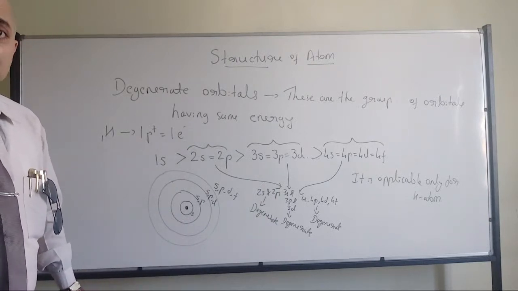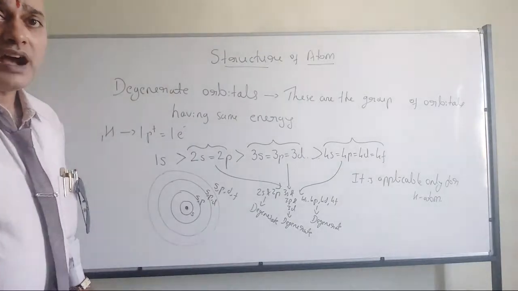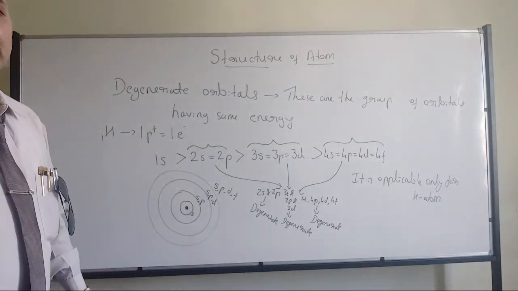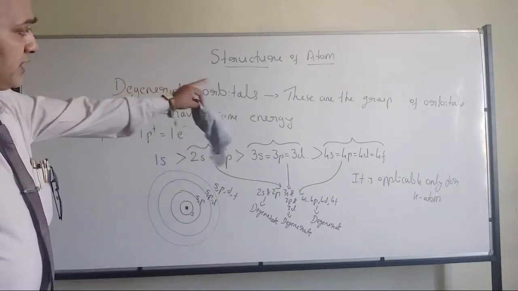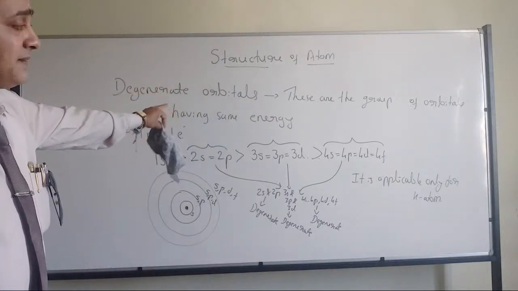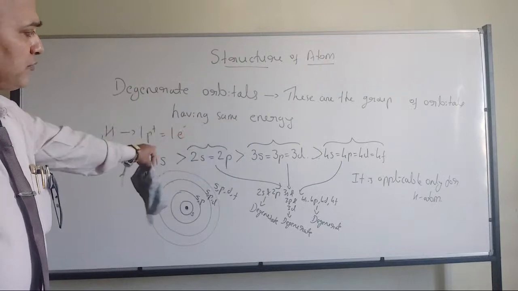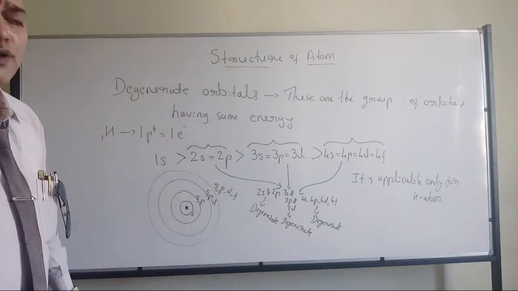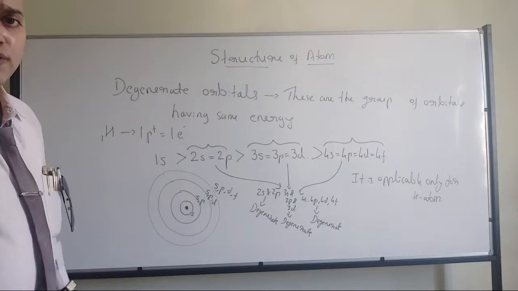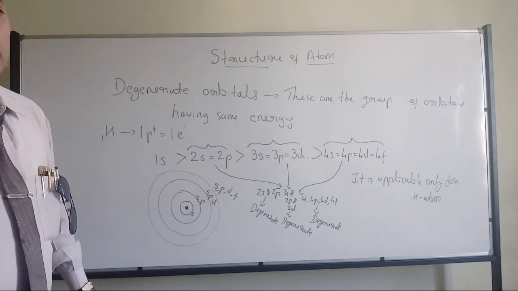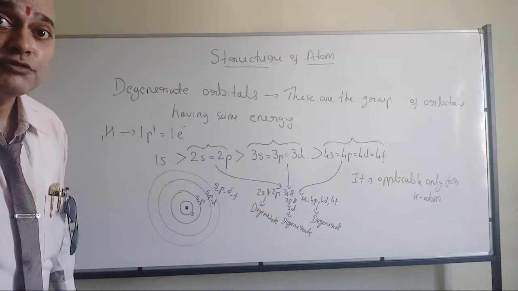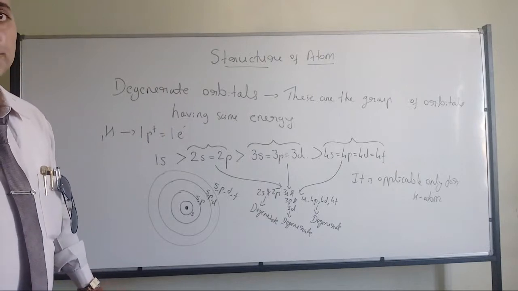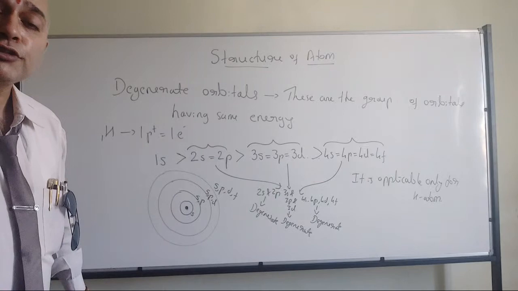If in the examination, for 2 marks, they ask what are degenerate orbitals and to give an example, then you can give the definition of degenerate orbitals and then give any one of these examples. For example, 4s, 4p, 4d, 4f will be degenerate orbitals, but you should mention that it is in the hydrogen atom.